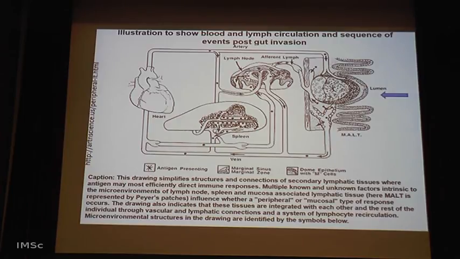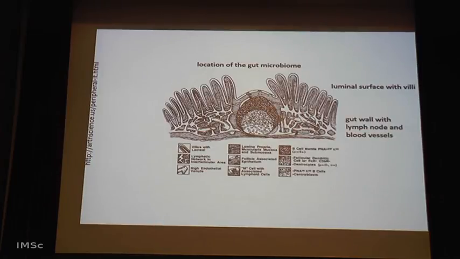And a slightly larger version of the gut barrier is here; this was the lymph node that I was talking about, and these are the villi. And normally, despite having millions and millions of bacteria there, most of them do not invade, because we have what are called barrier functions which are operative.